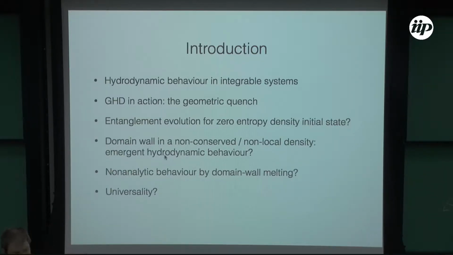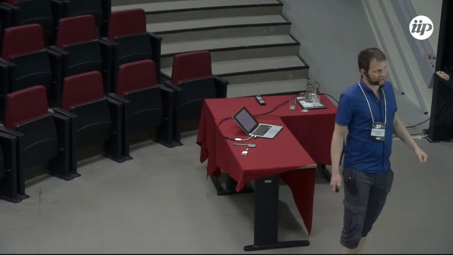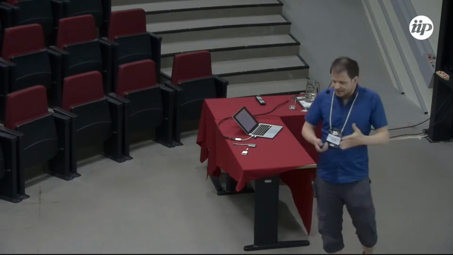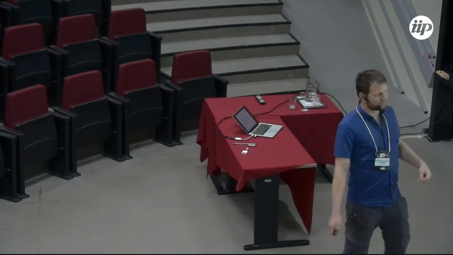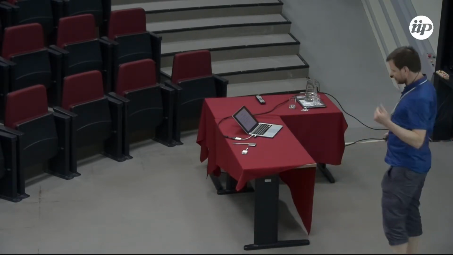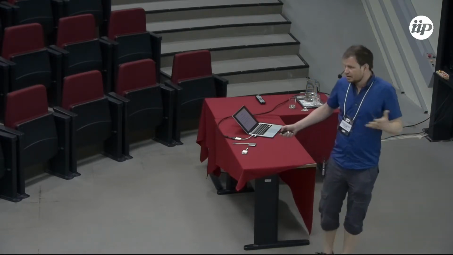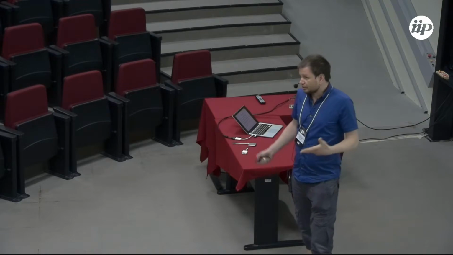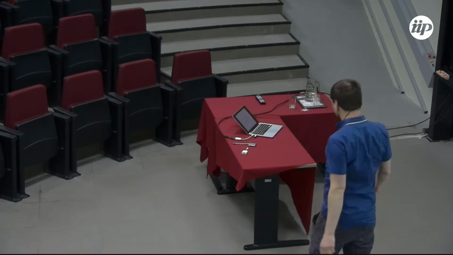The corresponding charge, if you integrate the full magnetization along the x direction, is a non-conserved quantity. So even though the system is integrable, you are interested in a quantity which has a non-trivial description in terms of charge densities, if you wish. So the question is, what happens in this case? Is there still some description?